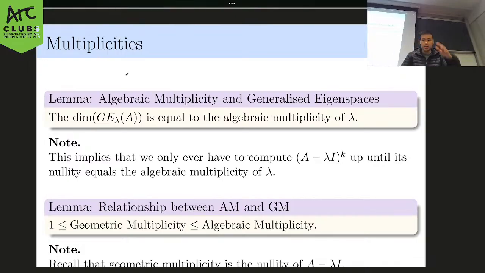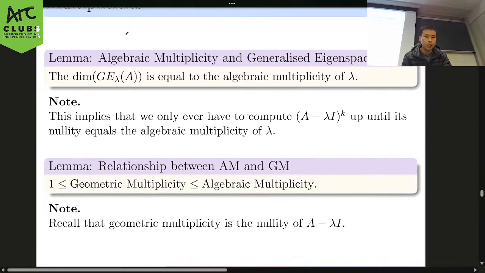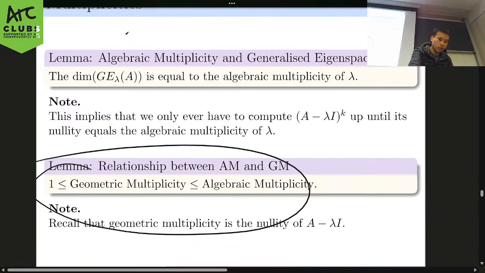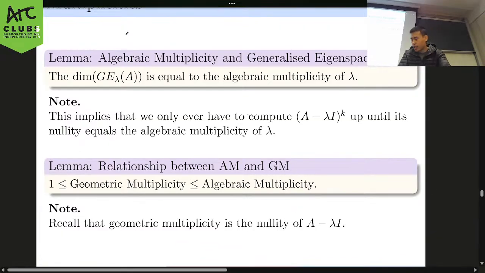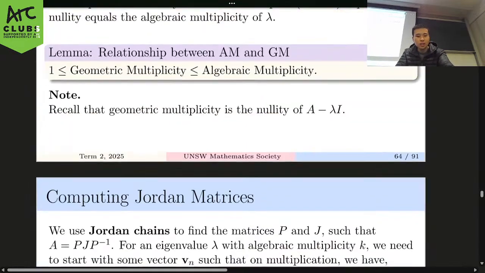It's only going to stay at some point, and it's going to stay there probably. So that's why they only do specific powers of this kind of thing. I kind of said that already. The GM has to be greater than 1. Like I don't know what it means, it feels like 0 and it's kind of pointless.